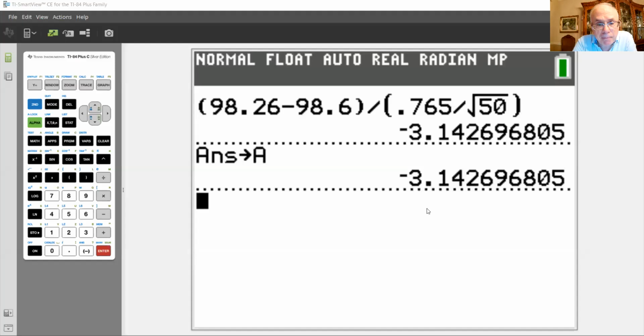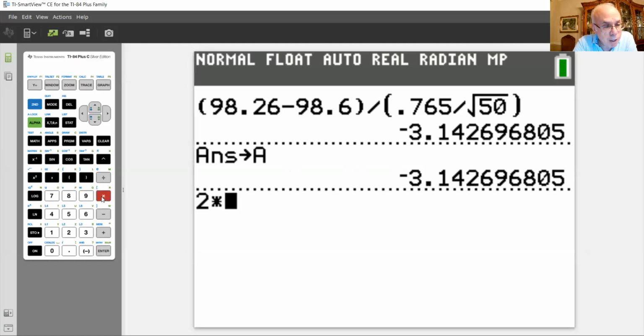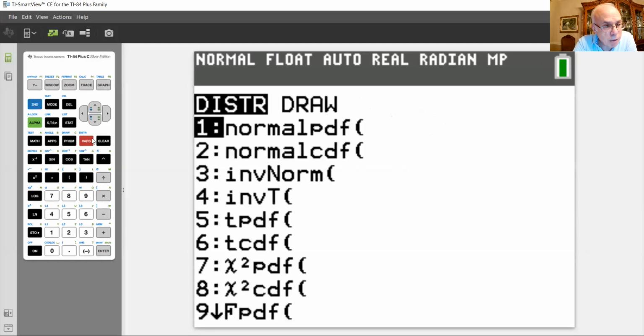Okay. Let's go now down to the calculator. Share the calculator. Okay. So what we're going to do now is we're going to find the p-value, and remember it's two tails, so we're going to say 2 times, and then we're going to go second VARS where the distributions are, and we're going to scroll down to T CDF.